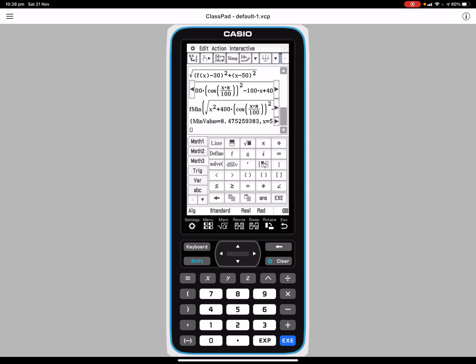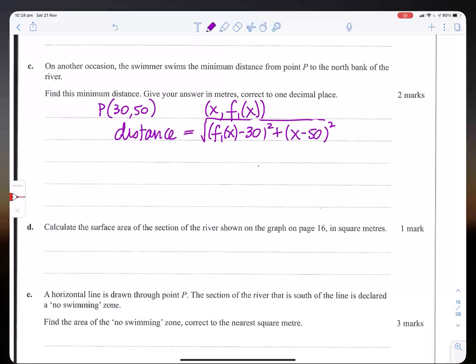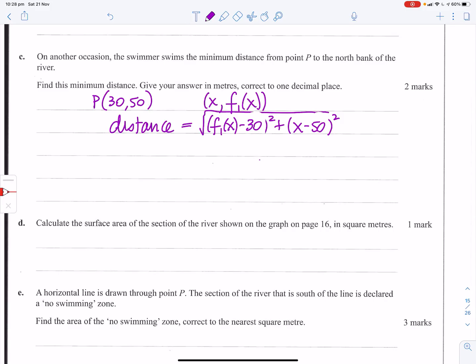So let's say that the distance is 8.47 meters.